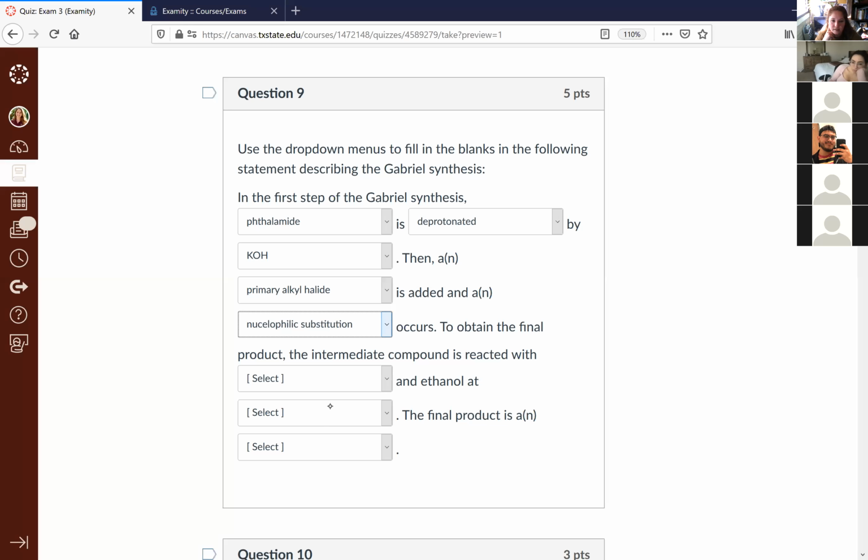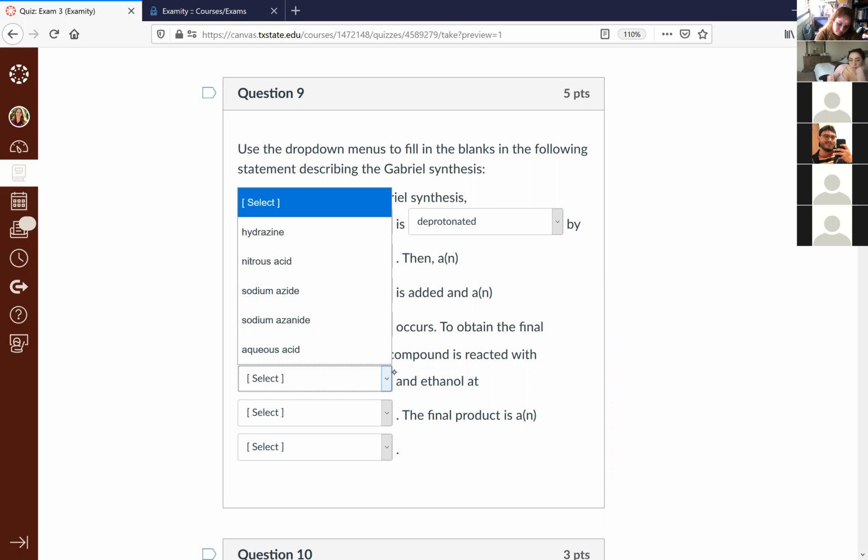So then in the last step of the Gabriel synthesis, there are 3 things added. One of them is ethanol, I gave that to you. Which of these is added to the reaction? We have hydrazine, nitrous acid, sodium azide, sodium amide, or aqueous acid.